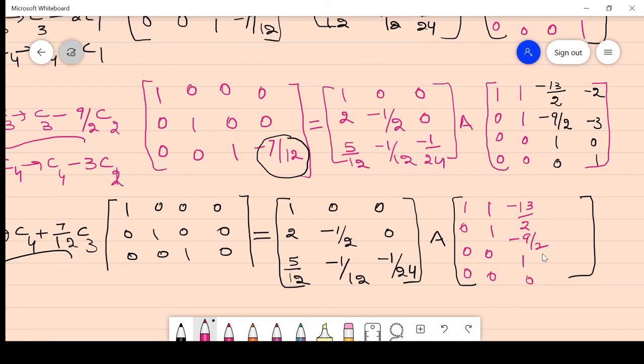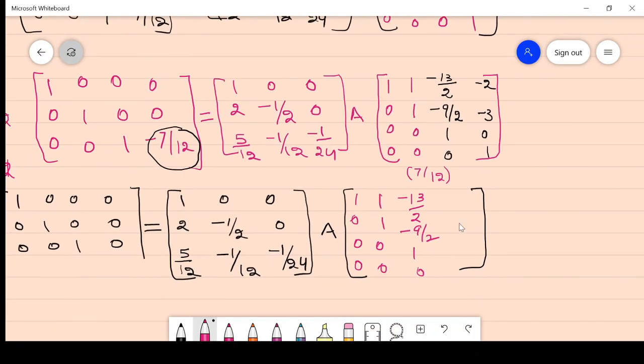Fourth column is C4 and 7 by 12 into these terms. This should be multiplied by 7 by 12. So I just write it here. So this is equal to C4.